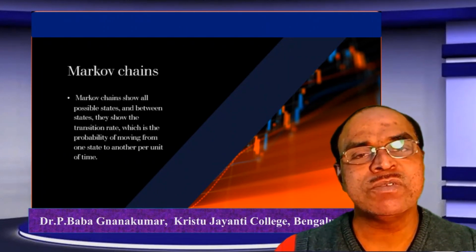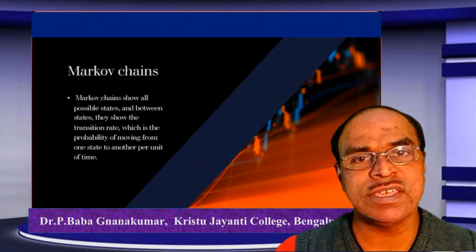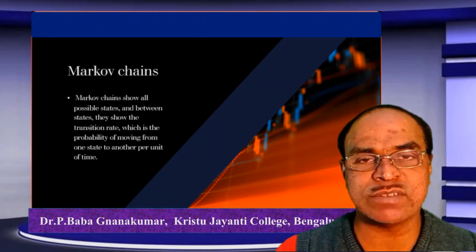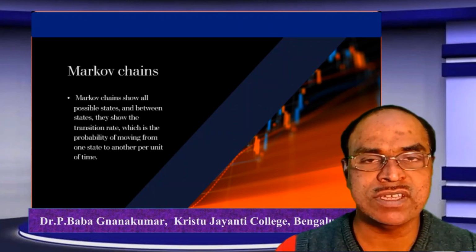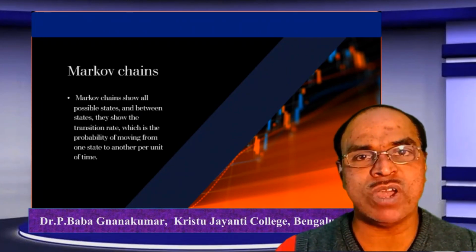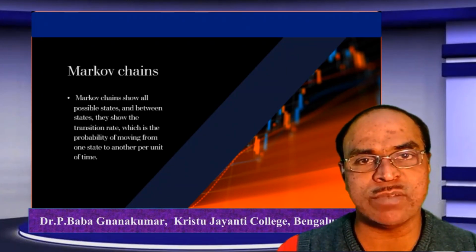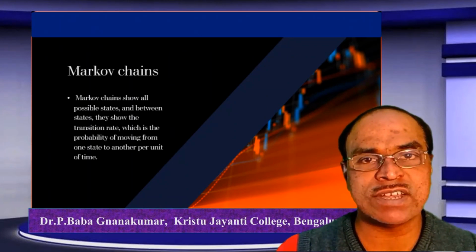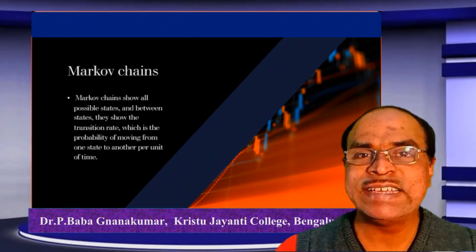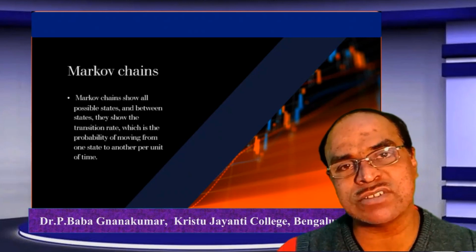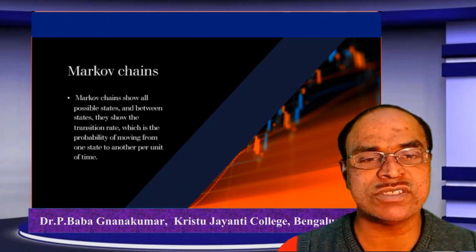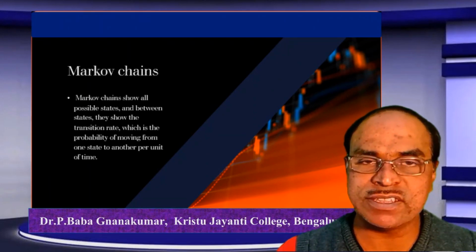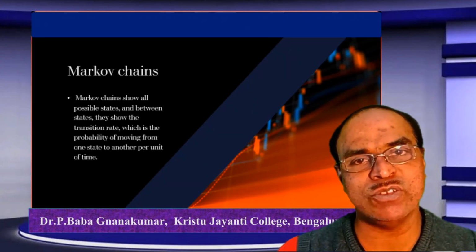How many customers are using the brand Samsung at present? How many customers are using iPhone at present? In last week what happened? In last day what happened? How many persons shifted from iPhone to Samsung? Likewise, Samsung to iPhone. So each and every state is used for calculating the brand value.